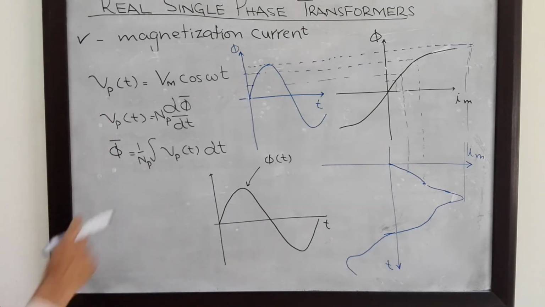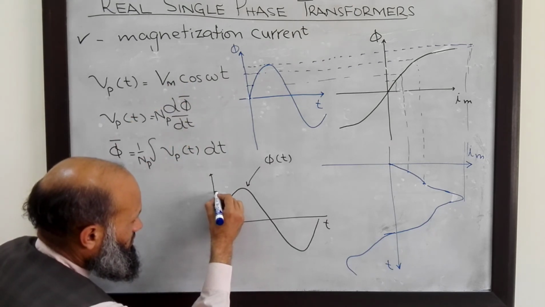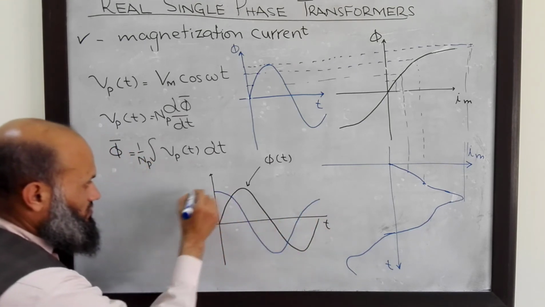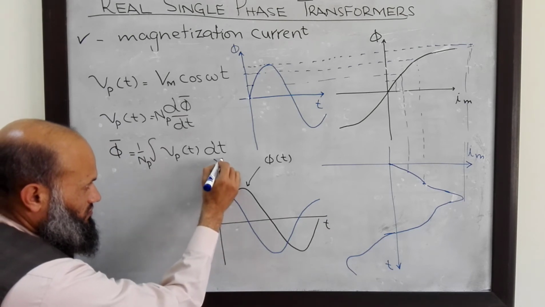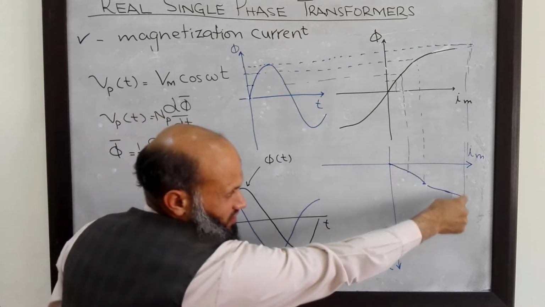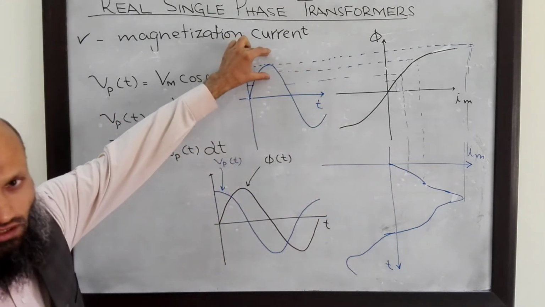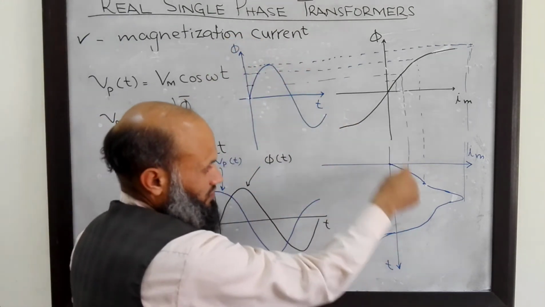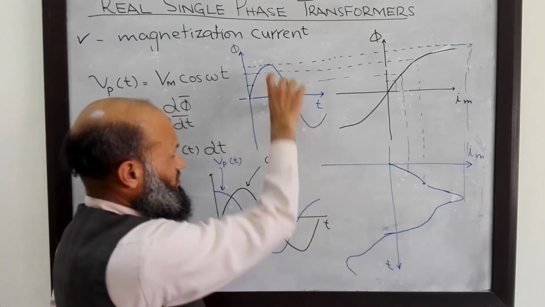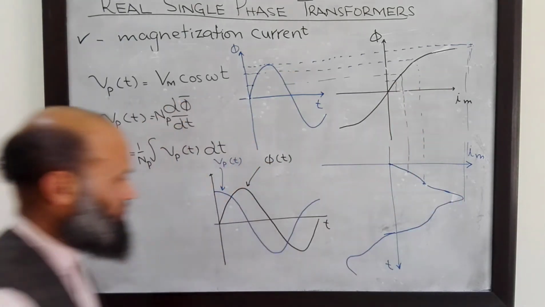Vp is cosine omega t, and this is Vp of t. What is the graph for Im? The graph for Im is sketched over here. This current is in phase with the flux. However, it is not sinusoidal. The fundamental component of this magnetization current is in phase with the flux. There is a peak due to saturation over here.